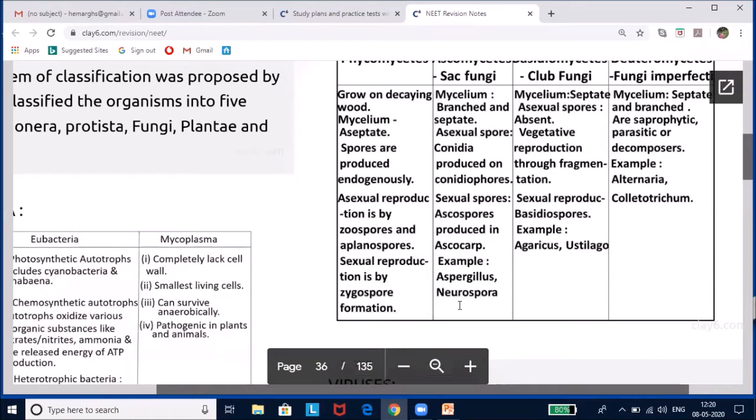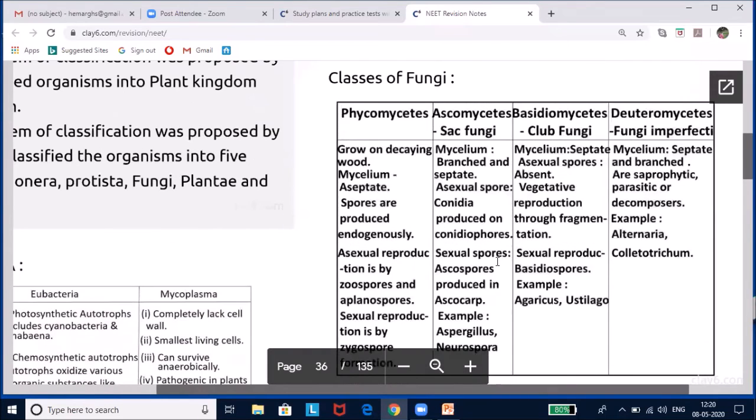Neurospora is called the Cinderella of genetics because it is extensively used in genetical experiments. And Claviceps is very important because it yields the drug called ergotamine, which is used in LSD, which is a narcotic drug. Now, Basidiomycetes. Mushrooms are called basidia and they are club shaped.